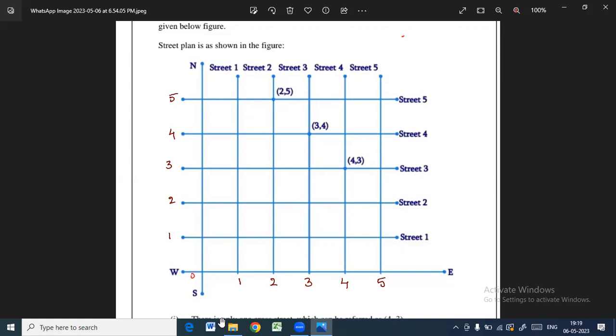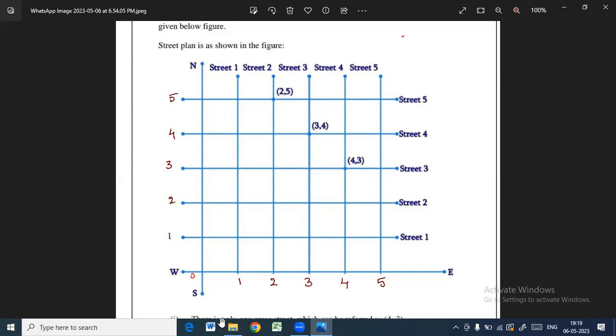Each cross street is referred to in the following manner: the second street is running in the north-south direction, and the fifth in the east-west direction. What is the form? Second street and fifth street form the point 2, 5.